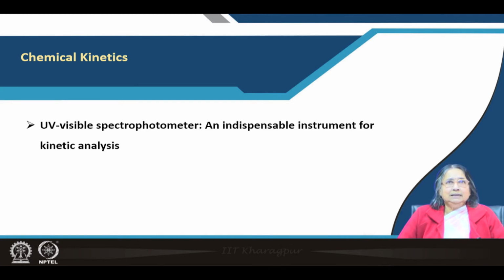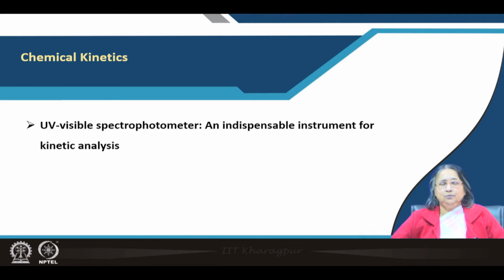As I told you in maybe the 11th or 12th lecture, we can use absorbance values to monitor the progress of the reaction. So, here I will explain those things in a simple way, so that you understand.